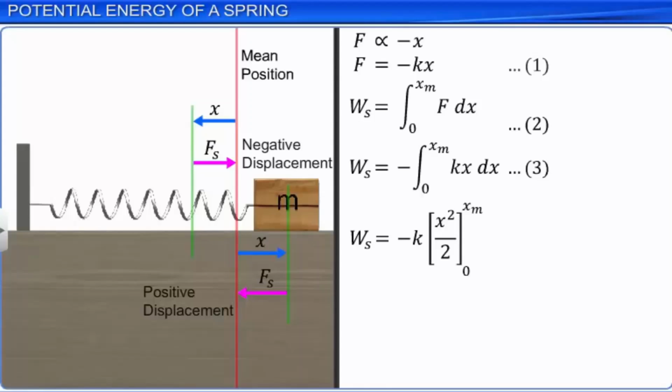Thus, we get the work done by the spring force equal to minus half kxm square. Hence, the work done by the external elongating force will be plus half kxm square. This is the work done by the external elongating force against the spring force, and hence is stored as potential energy in the spring, as given by equation 4.